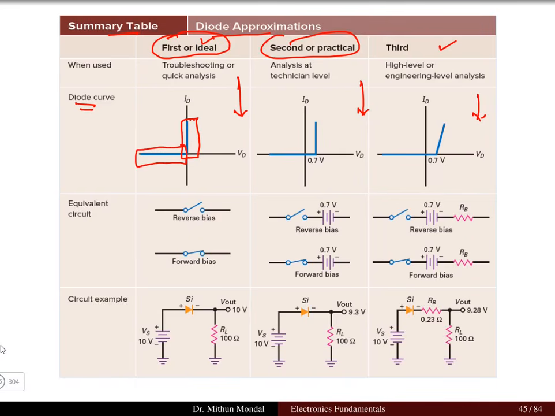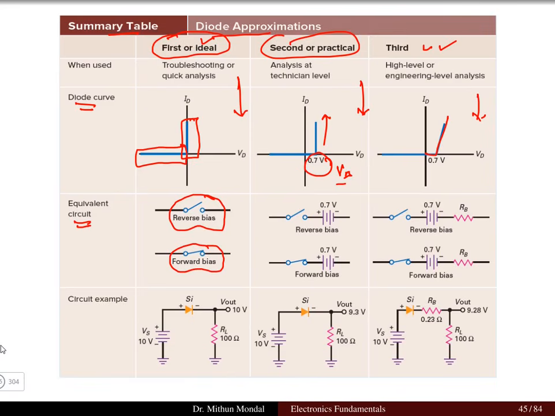In the practical condition, some barrier potential is added and the diode will conduct instantly. In the high level analysis, it will not be a straight line, but will increase exponentially. The equivalent circuit under the forward biased condition will be a closed switch, and in the reverse biased condition, an open switch for the ideal case.